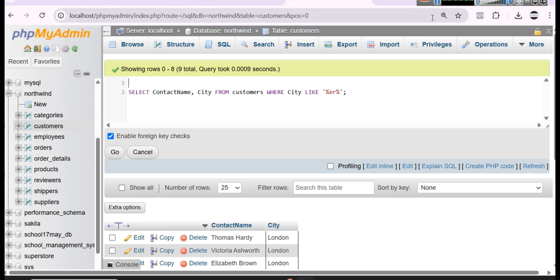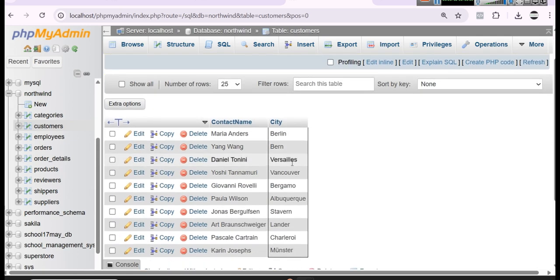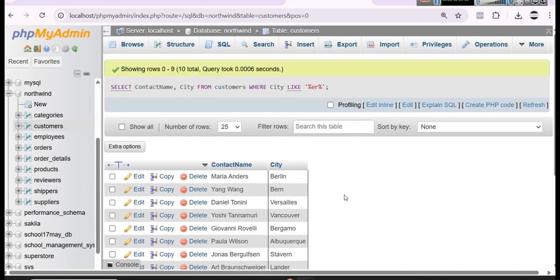That means the name of the city should contain er somewhere in the name. Exactly. Like I know one city, Berlin, BER, but there is Bern, Versailles, Vancouver, and that is the great thing about this data set. That's why I am teaching it, because in this data set, particularly for the like operator, there are a lot of possibilities.